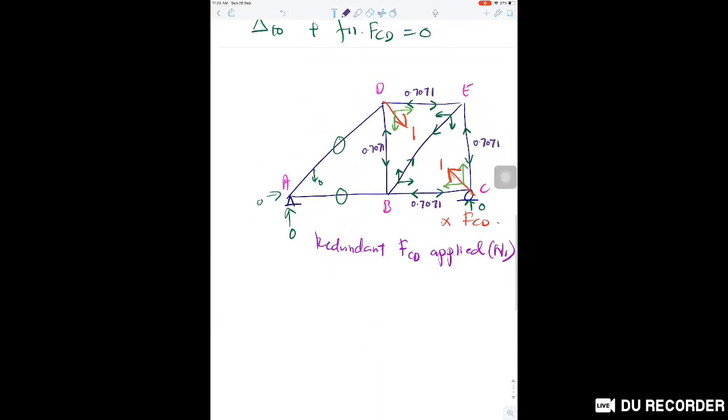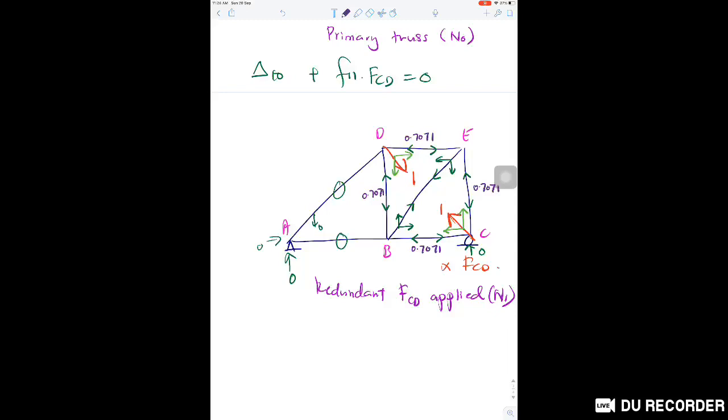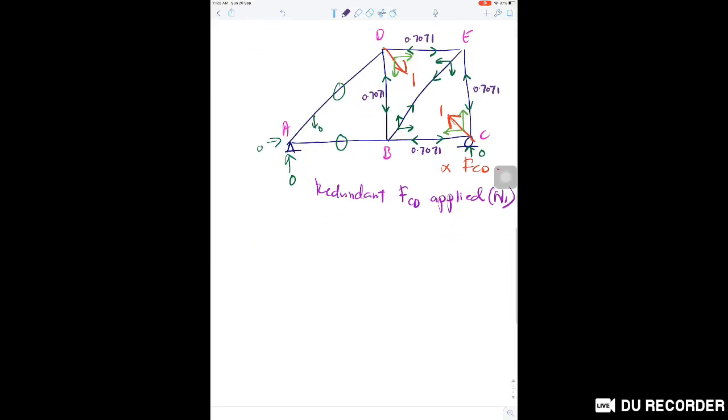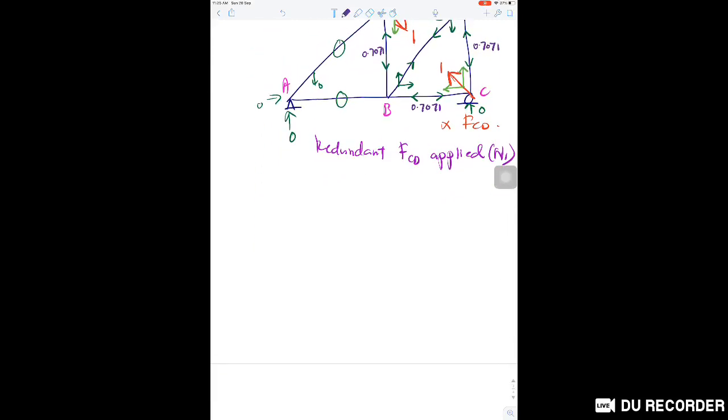Okay, so to determine FCD, the redundant value, we have to determine delta 1 naught, means deflection in primary truss, and F11, deflection in redundant truss.